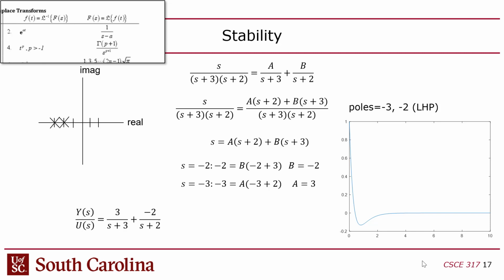And if the roots of the denominator, which are the poles, are all negative, or at least negative in their real component, the imaginary component doesn't matter, then it's stable. And then I did the same process, and you can see that's the step response there. A step response stabilizes there around 0.